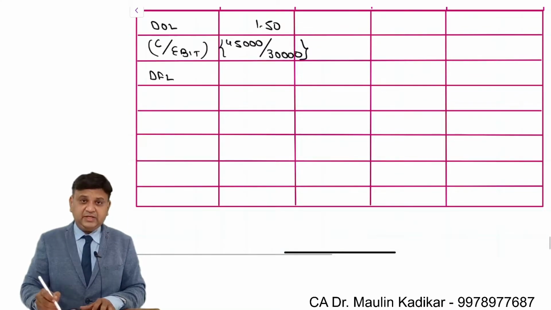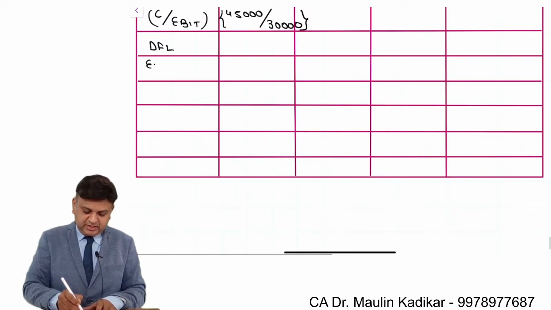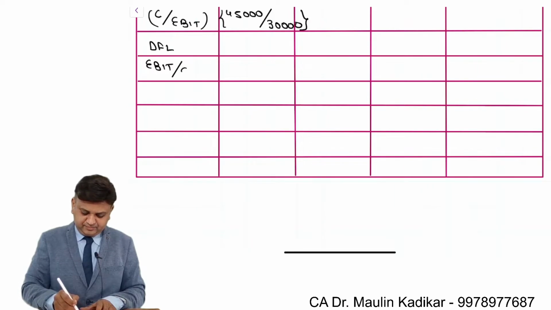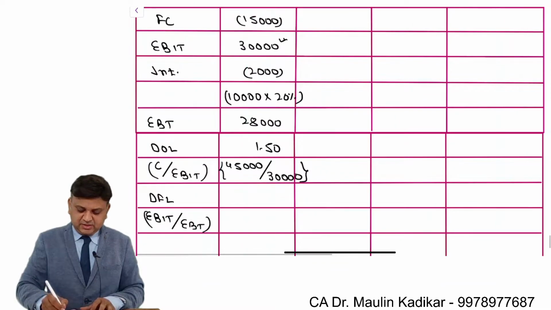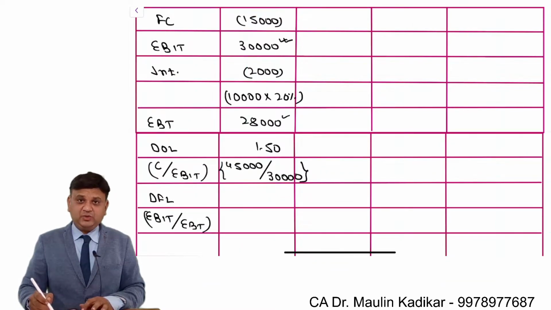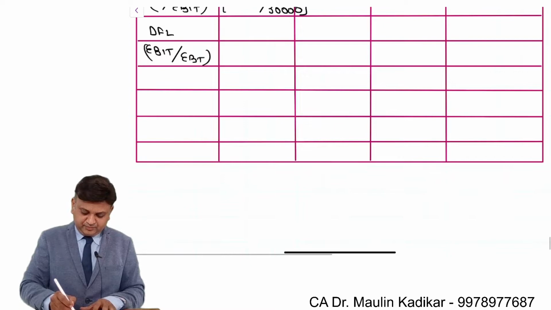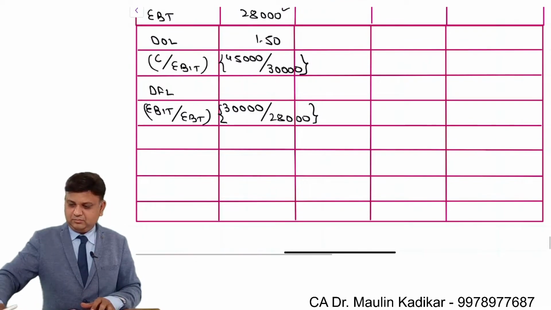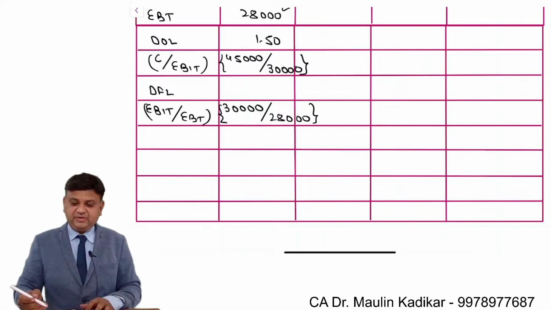Next is degree of financial leverage. It is EBIT upon EBT. EBIT is 30,000 and EBT is 28,000, so 30,000 upon 28,000, that is 1.0714.